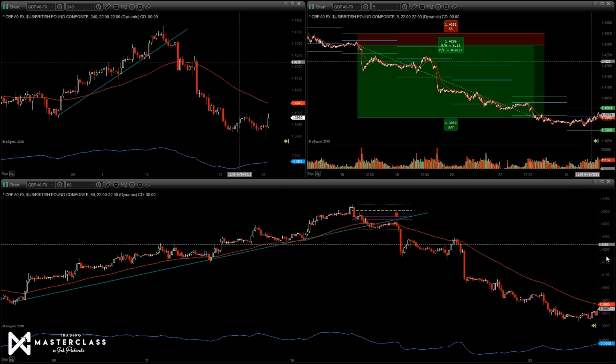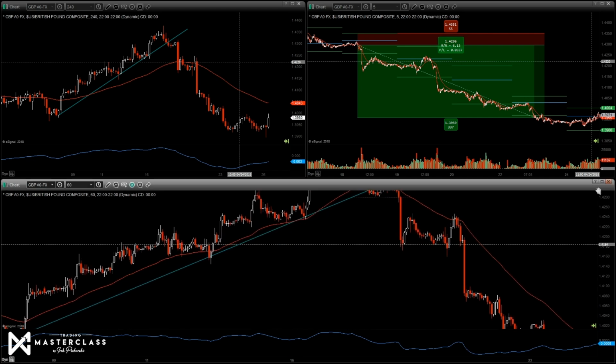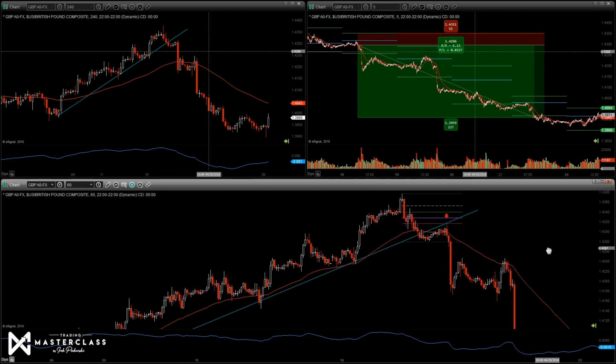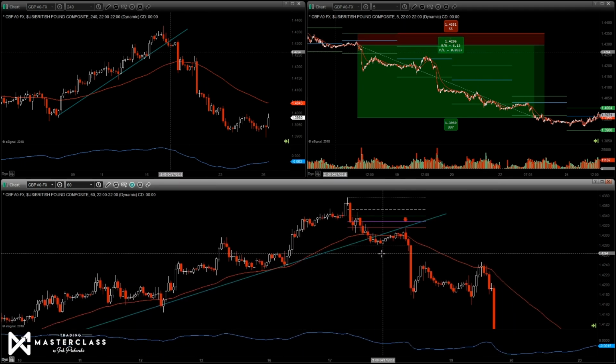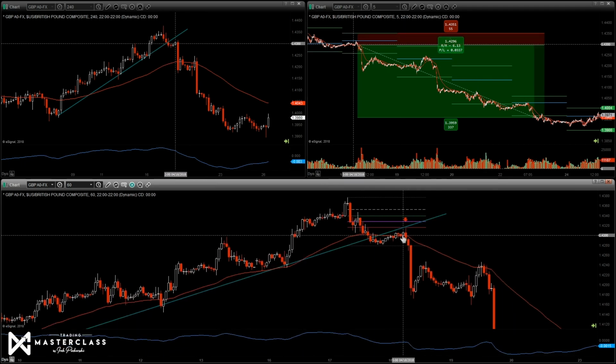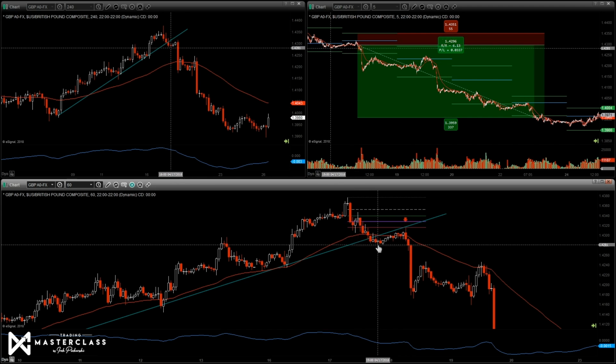As I mentioned in the previous lesson when we were breaking down this opportunity, the entry wasn't perfect on the lower time frames. Because the entry wasn't perfect, it didn't give us the full breakdown that I would want to see and the proper retest. But it did still break the 1-hour 50.